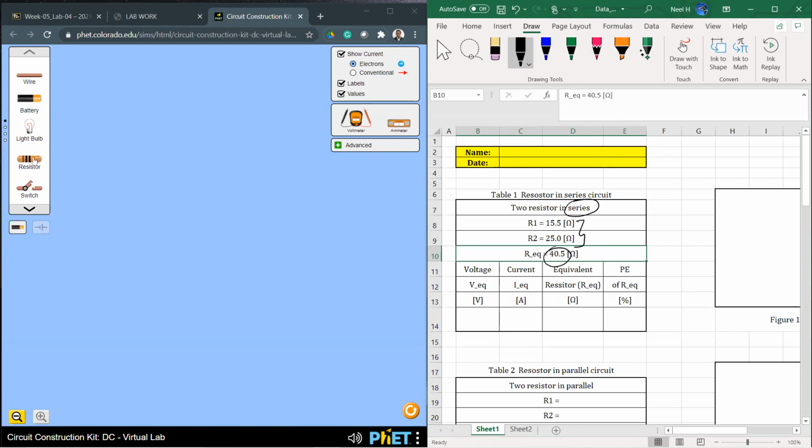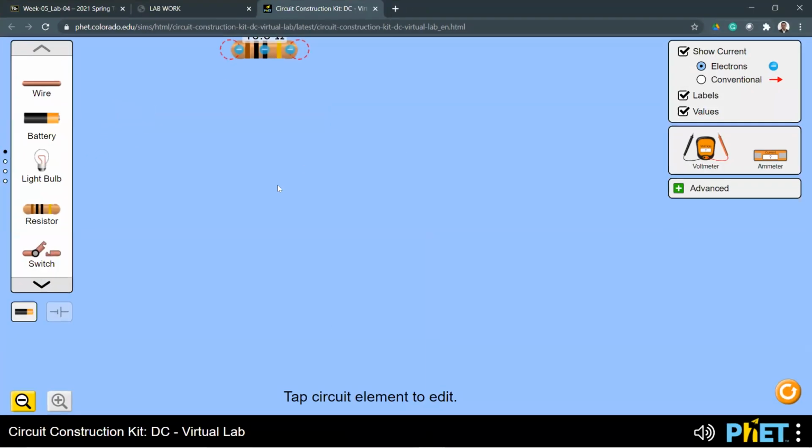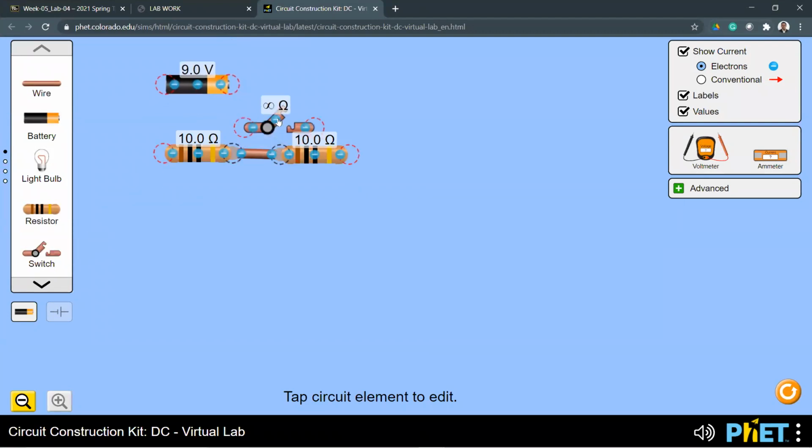Let's build the circuit. So I need two resistors. Okay, so resistor number 1, and I need another resistor number 2. Let's connect those two by using a small wire piece, and then we need a battery. Battery voltage doesn't matter, just leave it like that. And we need the switch.